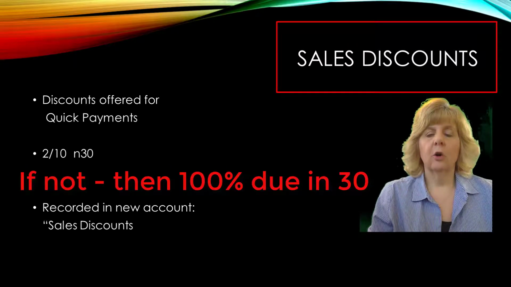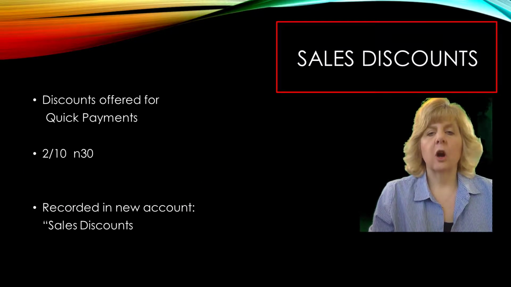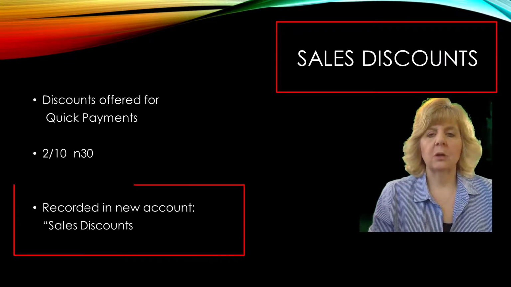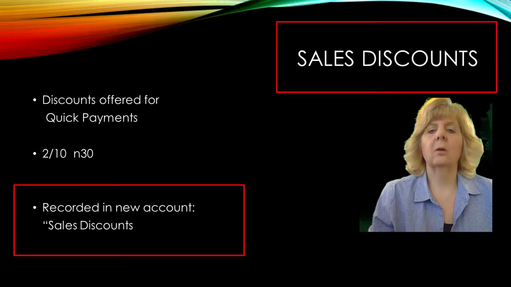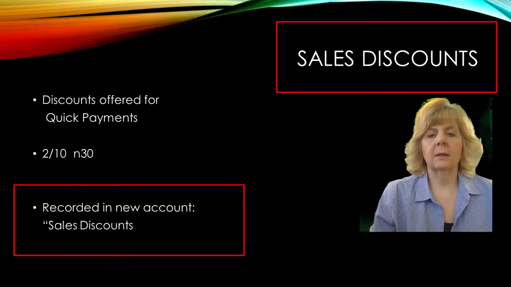Otherwise, the whole thing's due in 30 days. Prompt payment discounts are recorded in a special account called sales discounts. If the customer takes advantage of the discounts, then we would record this. Let's take a look at the journal entry.